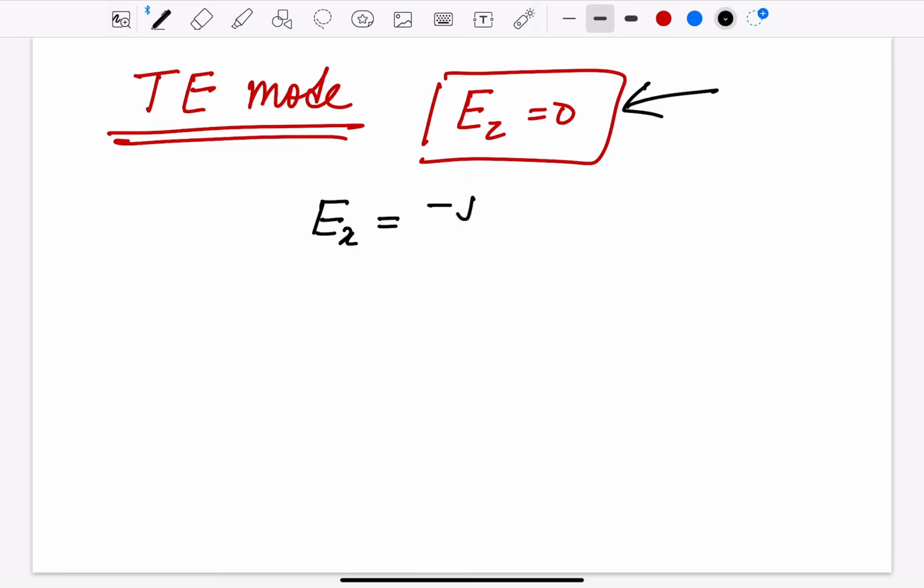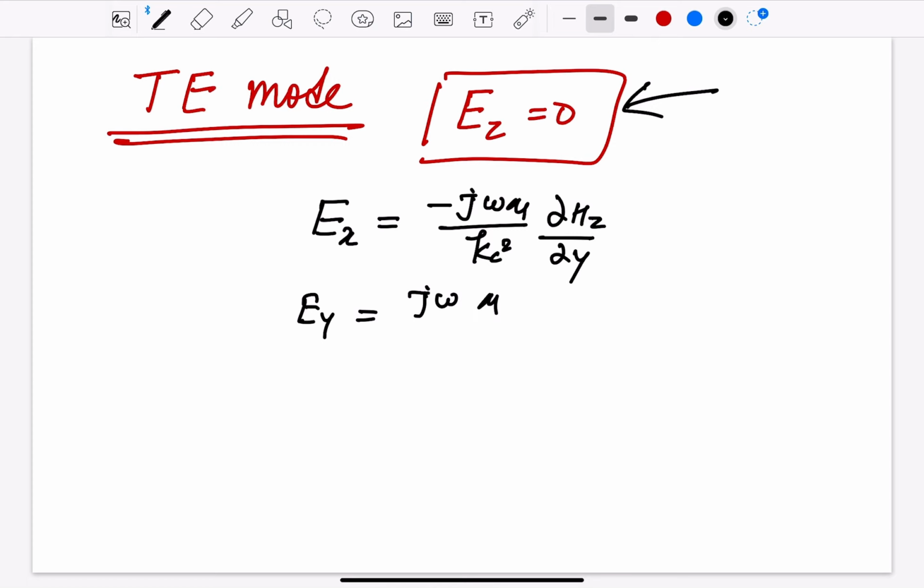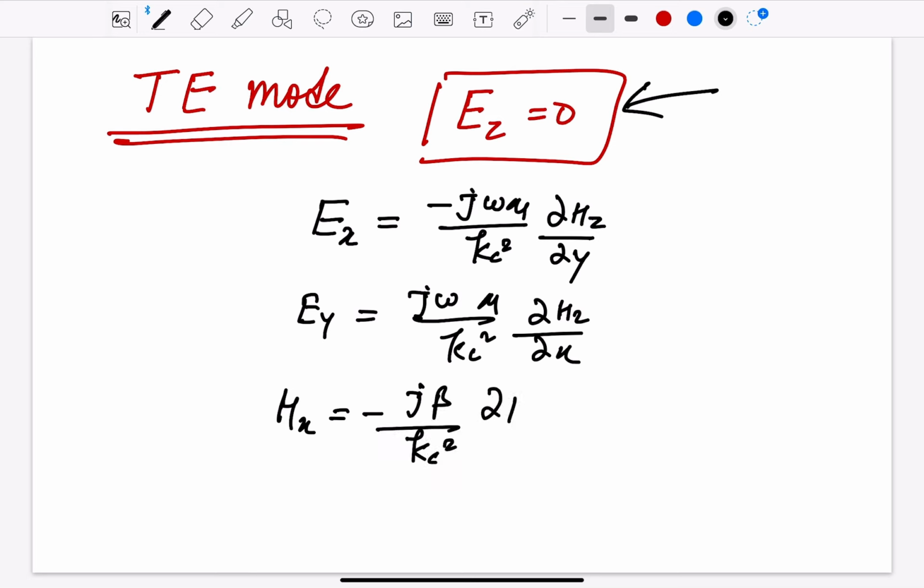The moment Ez is 0, you can write all the transverse components like this: Ex is minus j omega mu over kc square dou Hz over dou y. Ey is j omega mu over kc square dou Hz over dou x. The two other components are Hx, which is minus j beta over kc square dou Hz over dou x, and the last one, Hy, is minus j beta over kc square dou Hz over dou y.